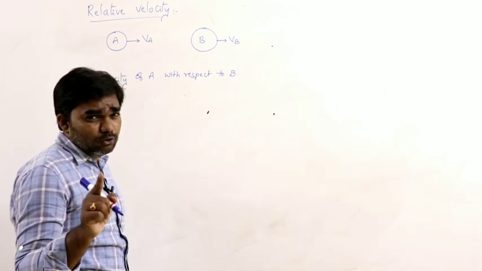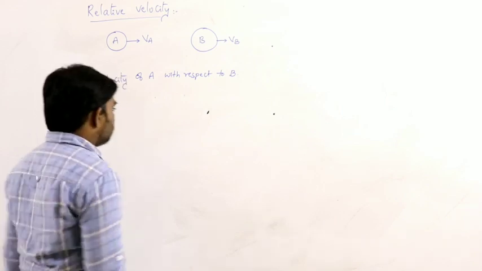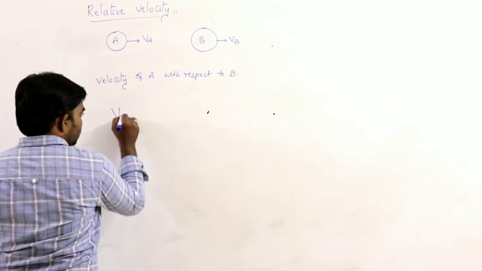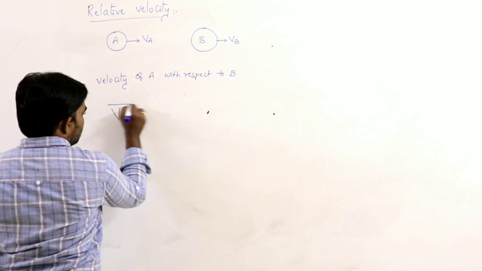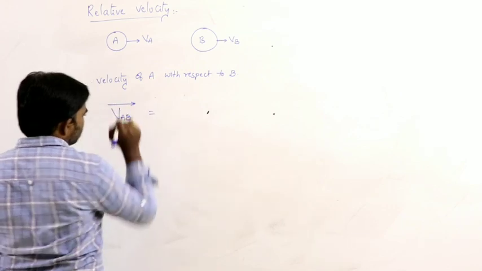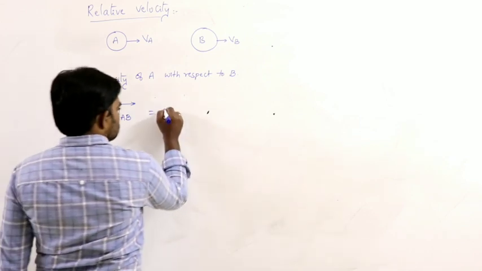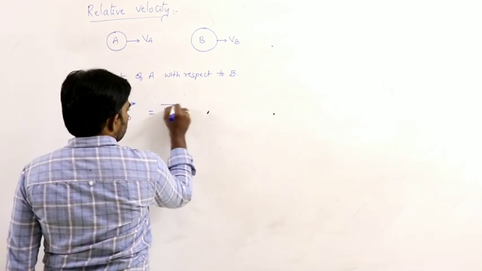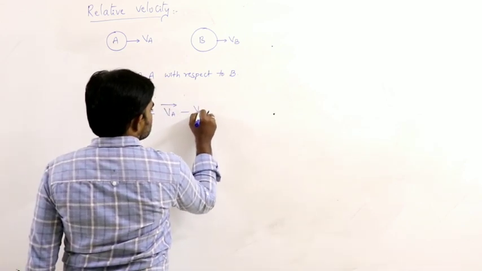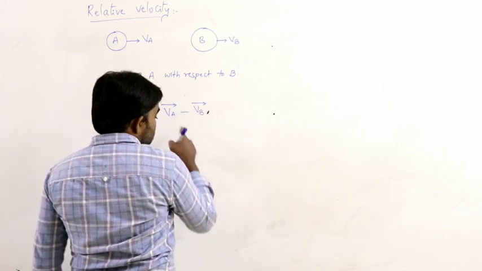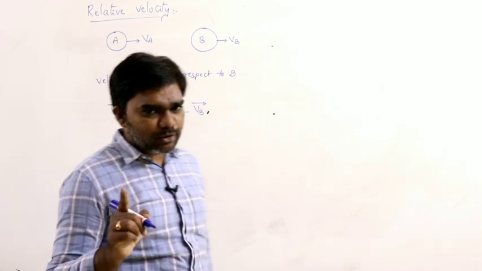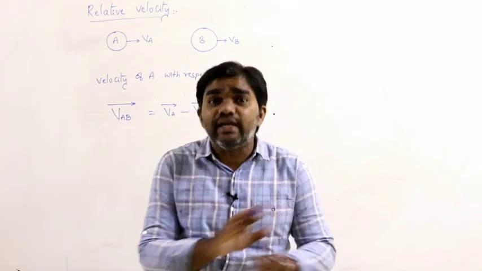That's very important. So that is VAB bar. This bar indicates the direction. So first we can write it as VA bar minus VB bar. This is not the algebraic subtraction. This is not at all the algebraic subtraction.